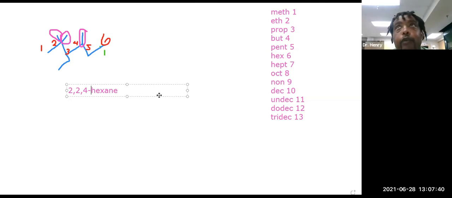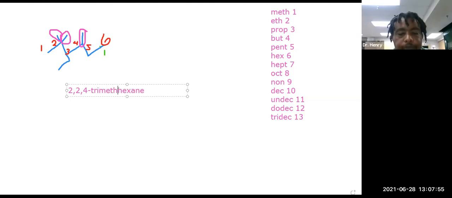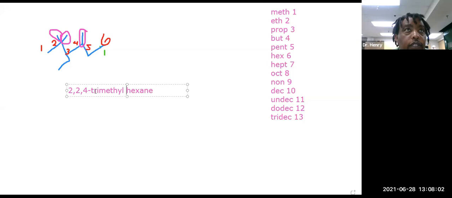Nope. We use the classic Greek letters. So if 1 was mono, 2 would be di, 3 would be tri. Trimethyl. Okay. So it's 2,2,4 trimethyl.